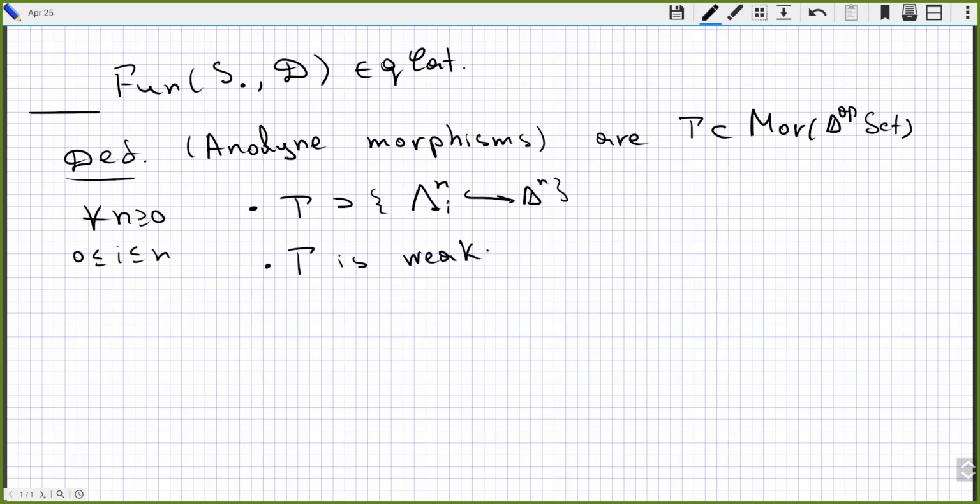So T is generated by inclusions of horns.